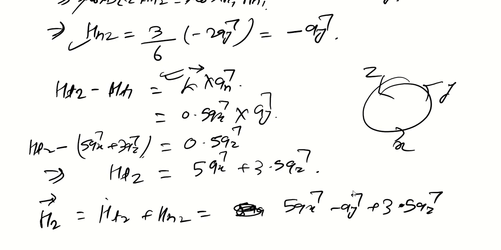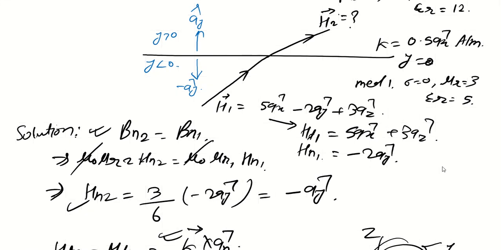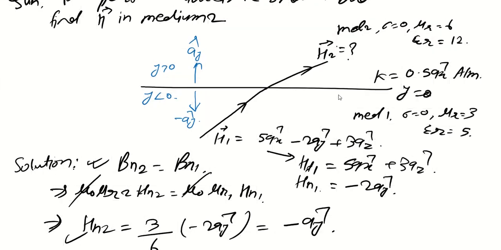So this is how you find the magnetic field in medium 2. You don't have to do much work in this. Just see whether the surface has any current source. If a current source is there, then find the normal component towards the medium in which the field is being asked. What is being asked is Ay cap, so I have taken Ay cap.